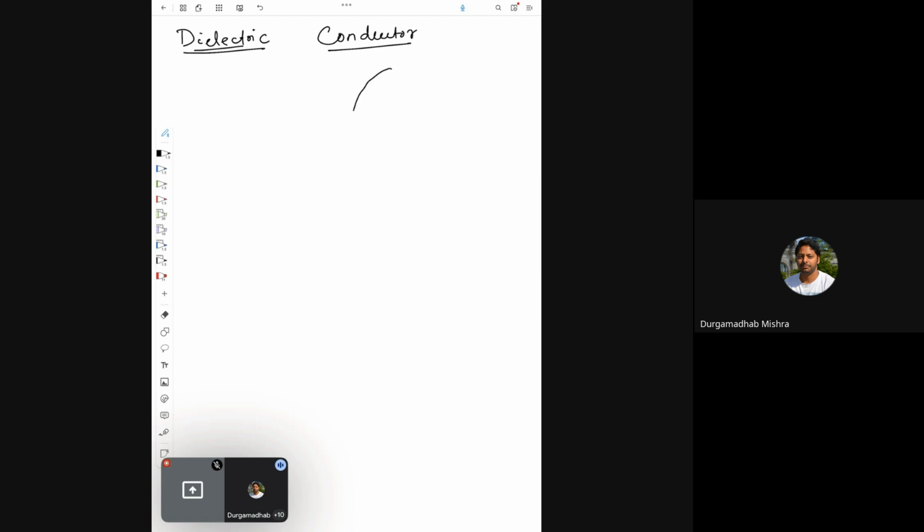For example, if I take a sphere, this is a conductor, and I apply an electric field like this, the electrons will come to this surface. So automatically this surface will become positive. So I have an electric field in this direction, which opposes the electric field outside, and therefore the total electric field inside will be zero.